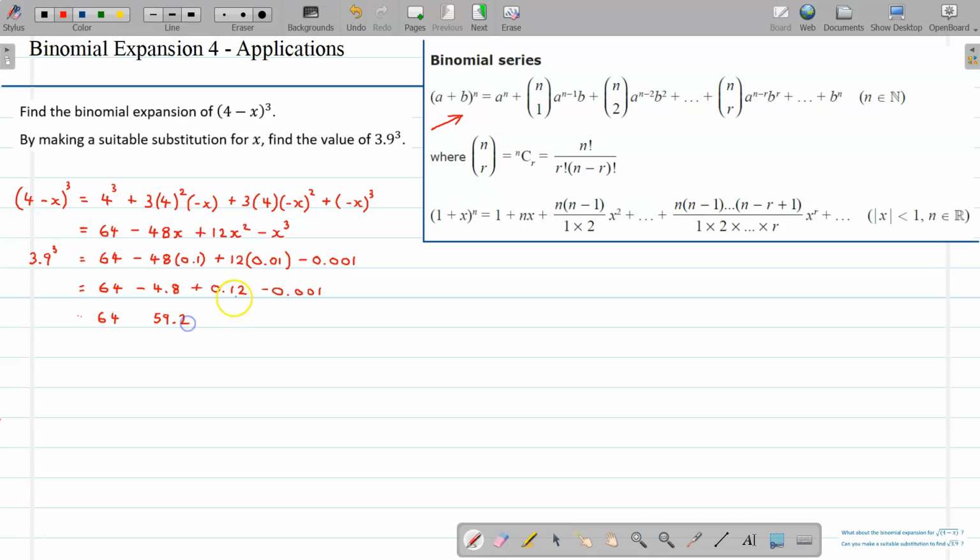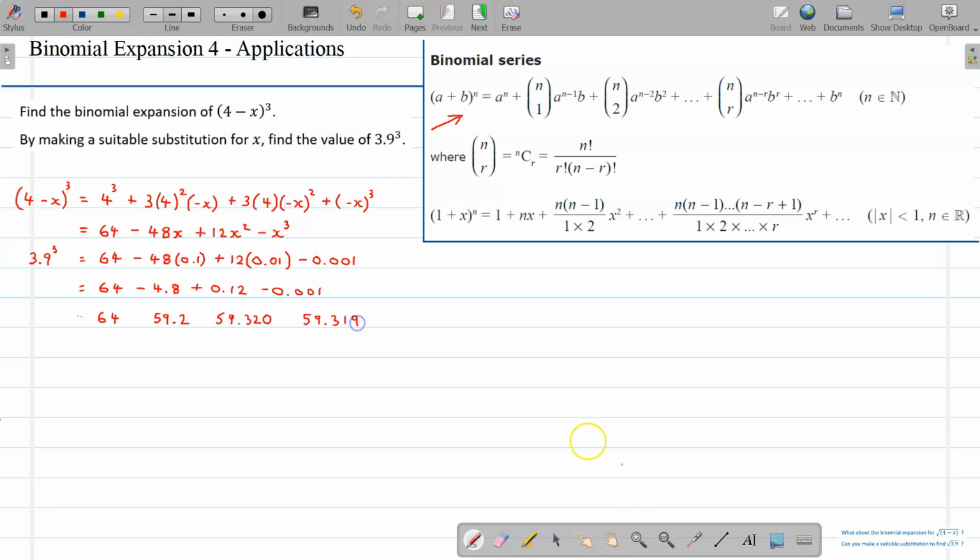Now I'm going to add that onto it, which will give me 59.32. And finally from that, if I think of that as 59.320, if I take away this, I'm going to be left with 59.319.